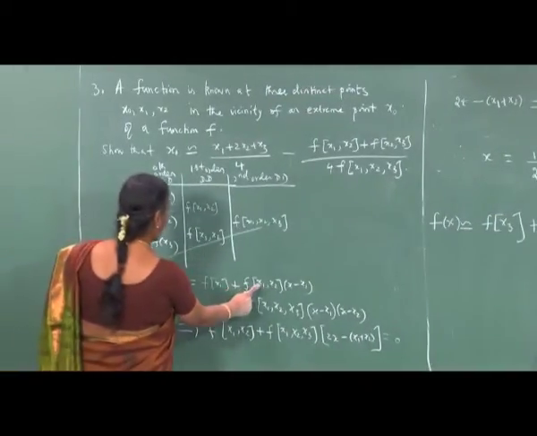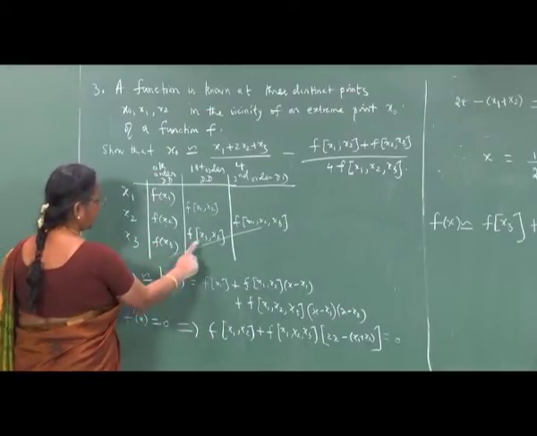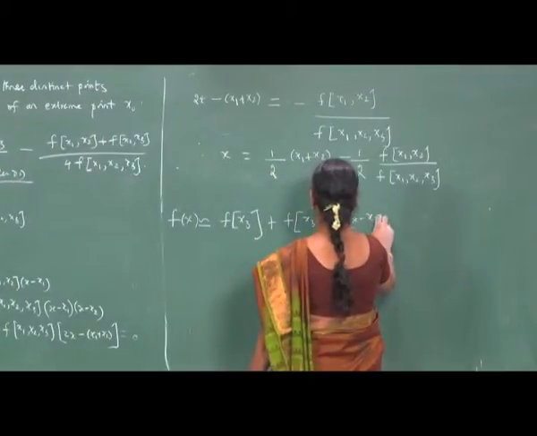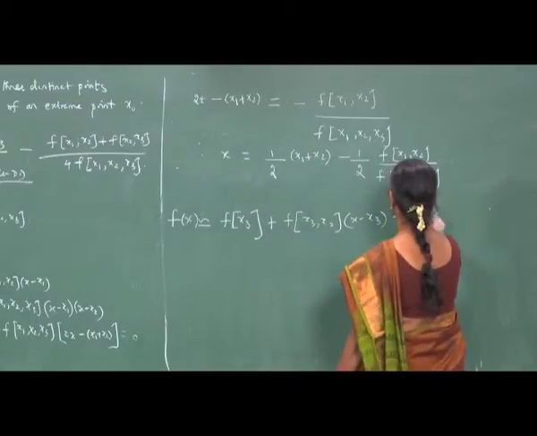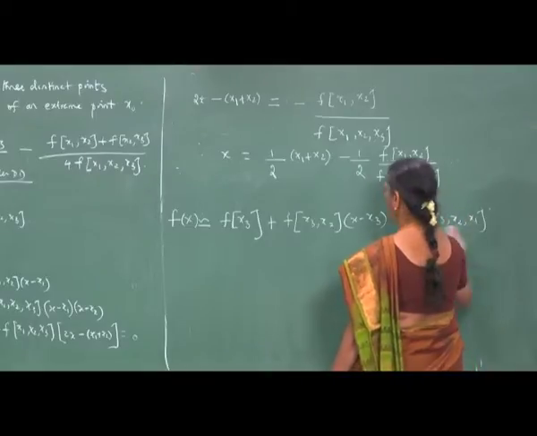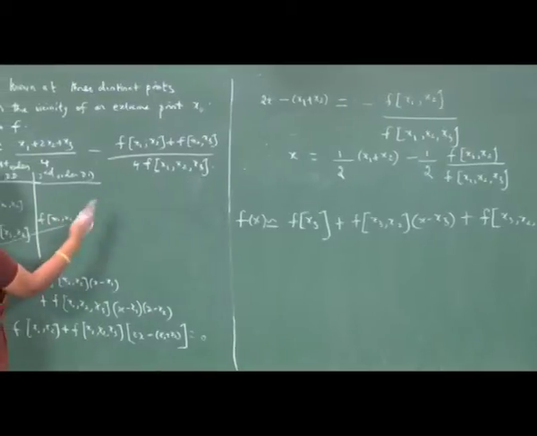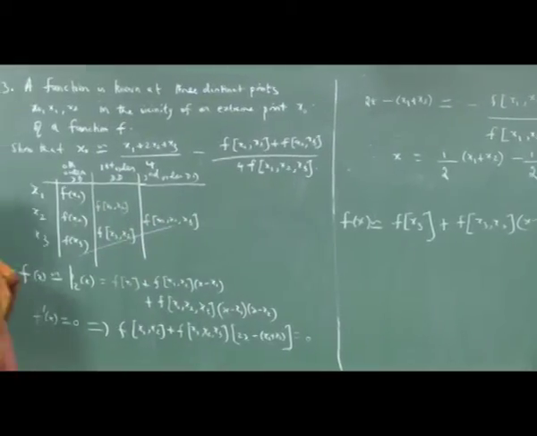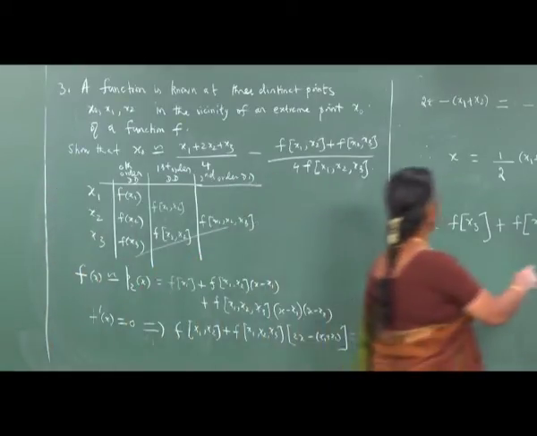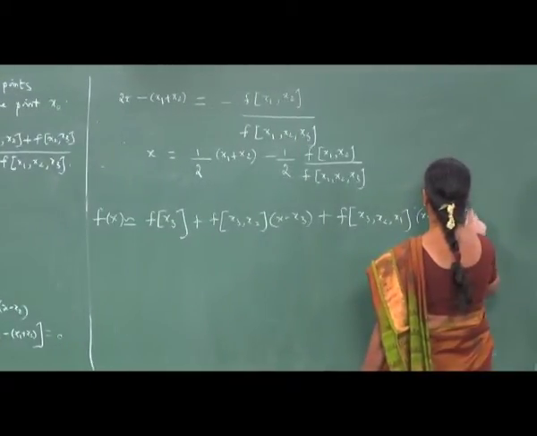When it is f of x1 x2, it comes out to be x minus x1. So, here f of x3 x2, so the factor must be x minus x3. Then the next term will be f of x3 x2 x1, isn't it? Which is the same as f of x1 x2 x3. We have already seen the divided differences is symmetric in its argument. So, what will be the factors there? That will be x minus x3 into x minus x2.